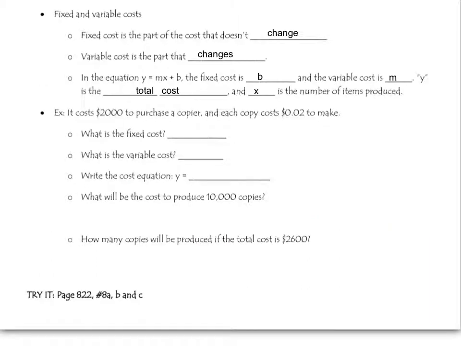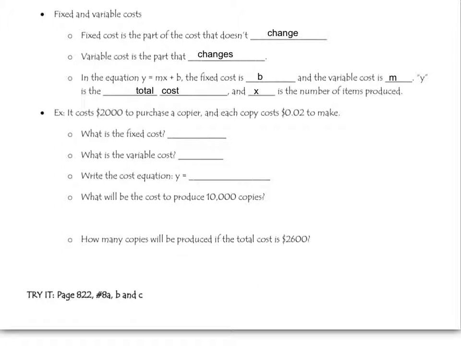So the above example shows how you look at fixed and variable cost. Fixed cost is the part of the cost that doesn't change. Variable cost is the part that changes. When you have an equation y equals mx plus b, the fixed cost is b, the variable cost is m, and the total cost is y.